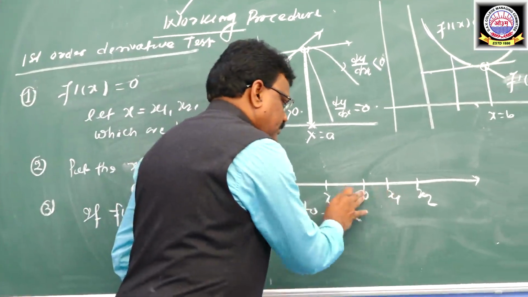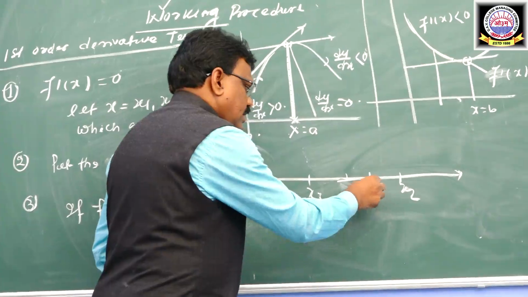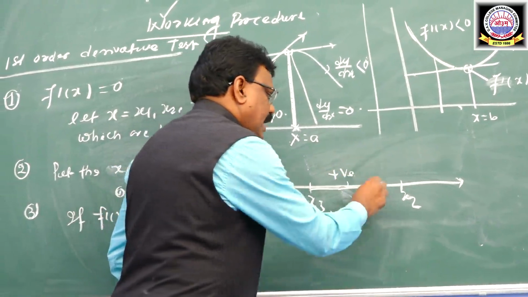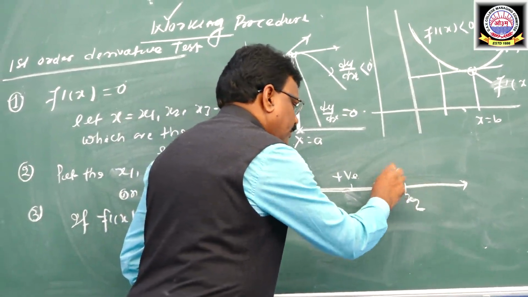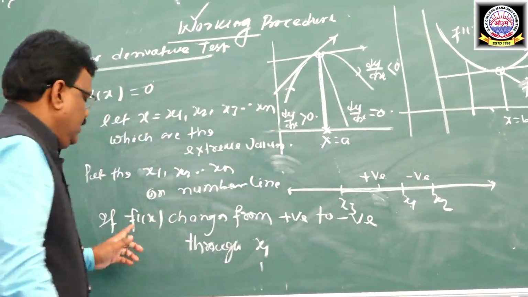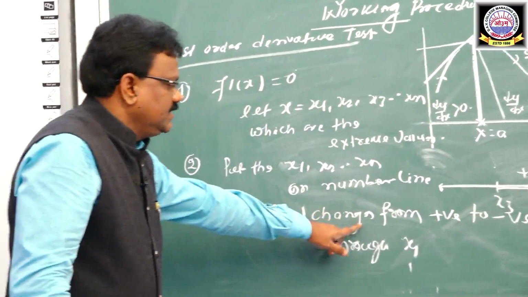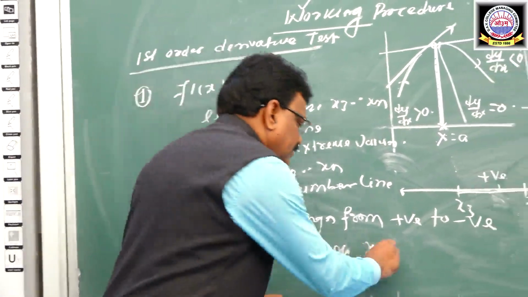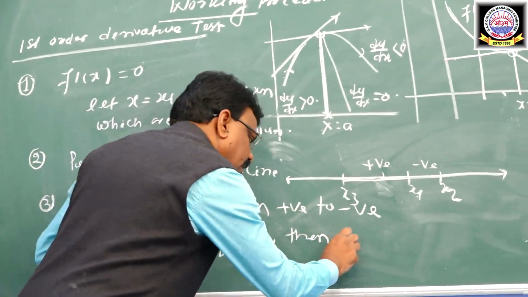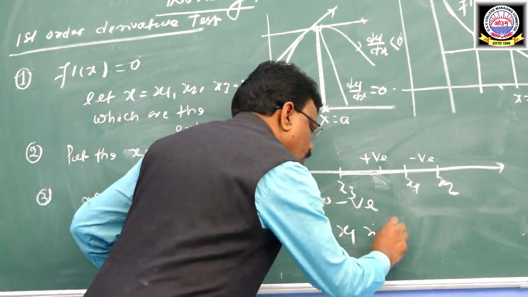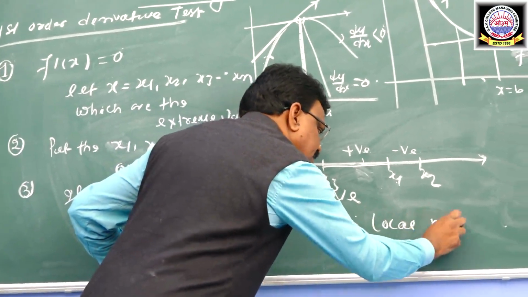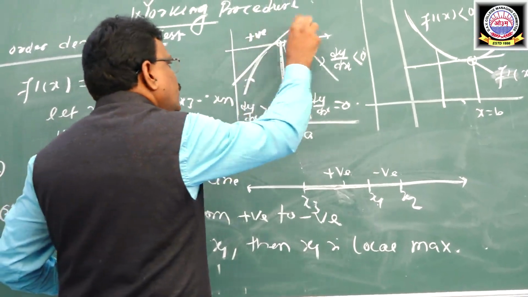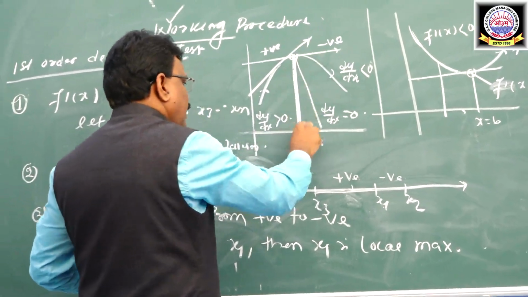Suppose here is x1, and before x1 the derivative is positive, and after x1 till the next extreme point the derivative is negative. So I want to say, if f dash x changes from positive to negative through x1, then x1 is a local maxima. You see, if it is positive to negative, this is the local maxima.